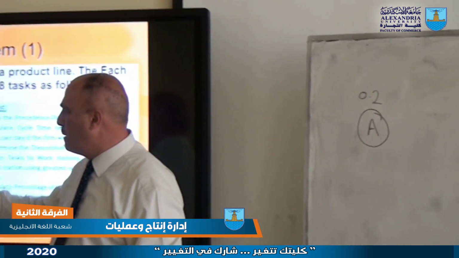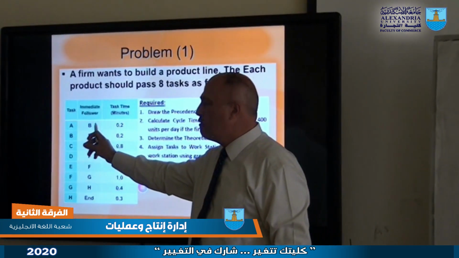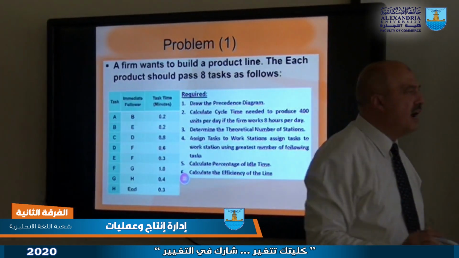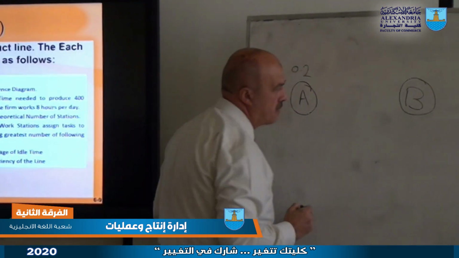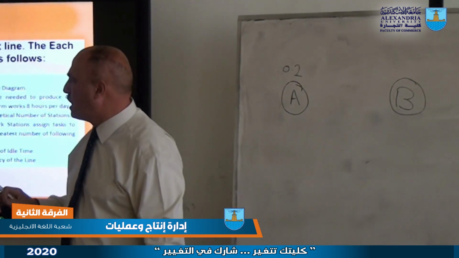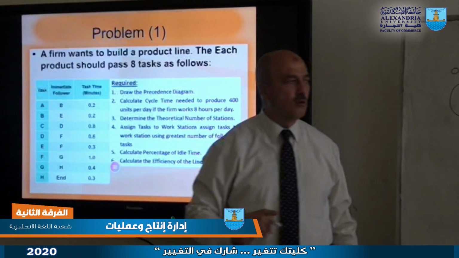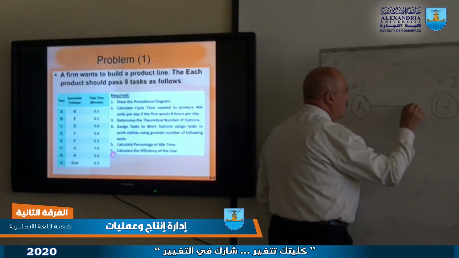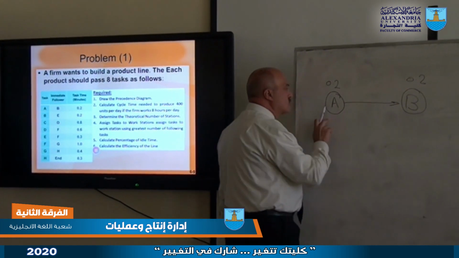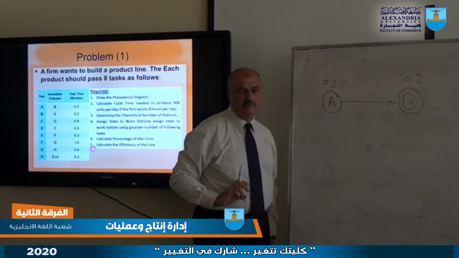Okay. B followed A, so we have to put B after A. And B time is 0.2 minutes. So the flow goes from A to B.